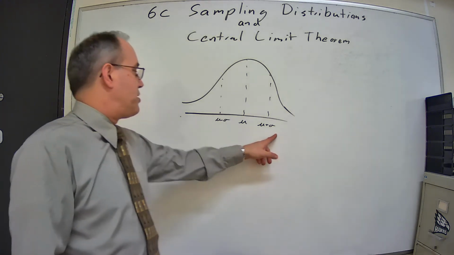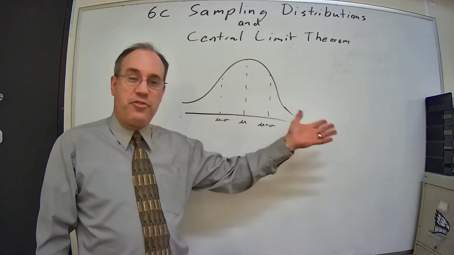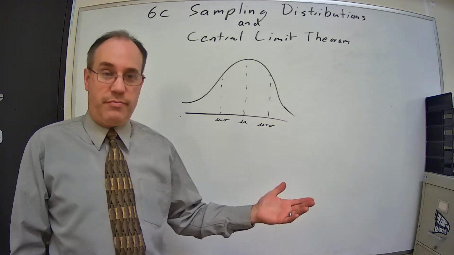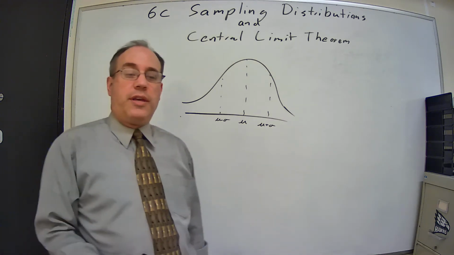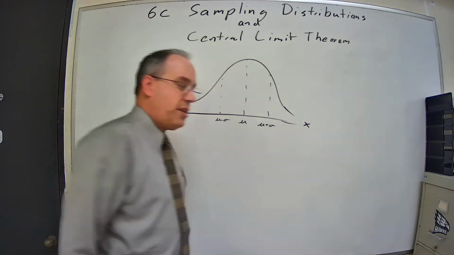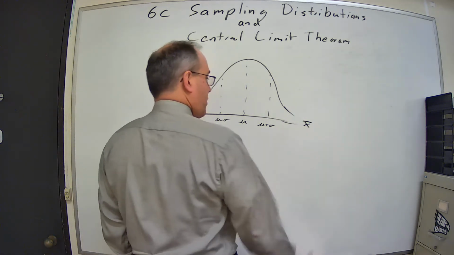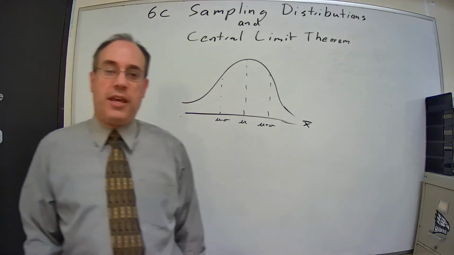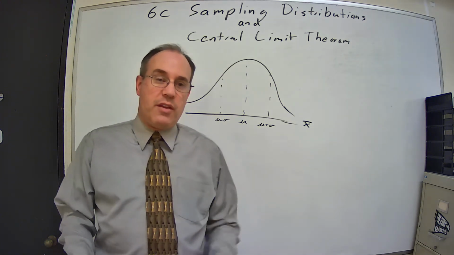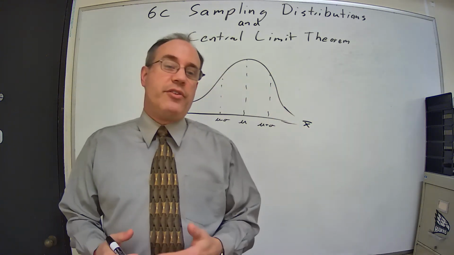Right, mu plus sigma, mu minus sigma, and this was basically just a frequency distribution of our data values. But what we're going to look at now is instead of having this be the data values, we're going to make it a sample statistic. So instead of having a distribution of x, we're going to have a distribution of x bar.